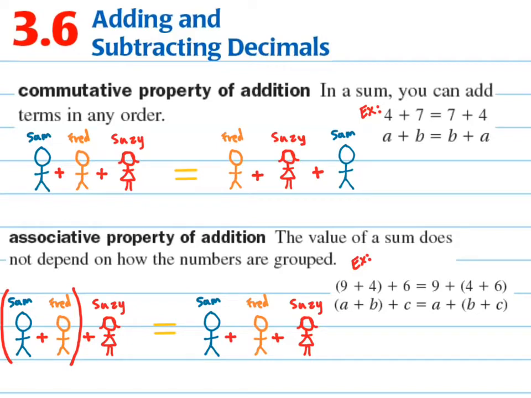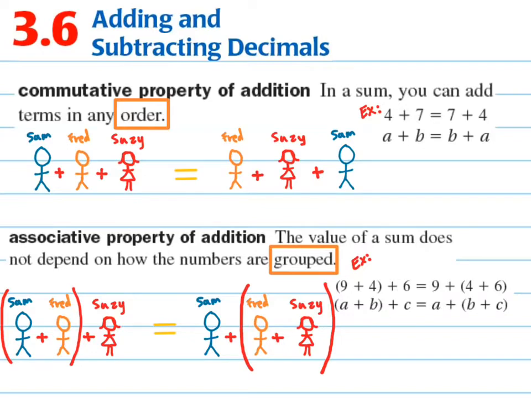We decide to change that and say that Fred and Susie are going to be in the front, and then Sam's in the back. So those are grouped. Those are who group together. Keywords, we have order for commutative, and for associative we have group. So one thing that I like to think about is I think order doesn't matter. It doesn't matter if I go from Sam to Susie or from Fred to Sam.